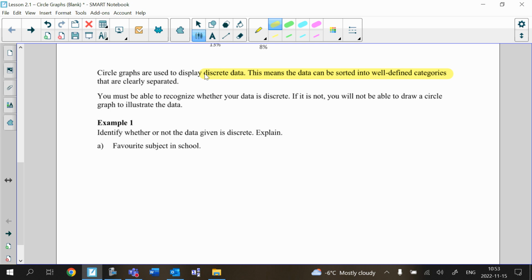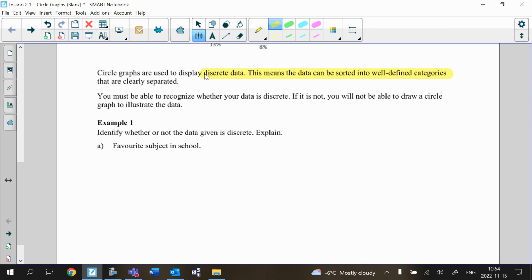So for example, here are a few statements on data, and we want to identify whether it's discrete or not. So the favorite subject at school, well, subjects are well-defined categories. In school, you can have math and history and biology and physics. There can be quite a few subjects, but they're separated into clearly defined categories.